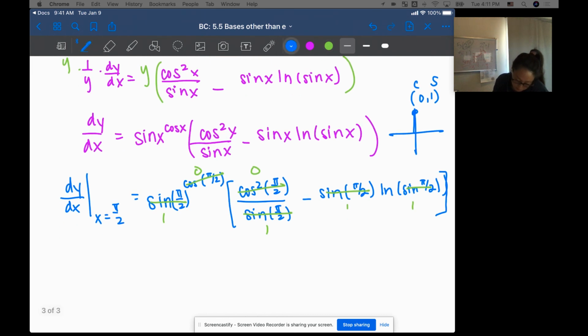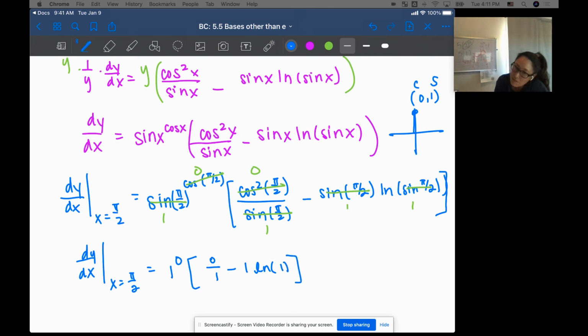Okay, so I get dy/dx evaluated at x equals pi over 2 is equal to 1 to the 0 times 0 over 1, minus 1 times the ln of 1.